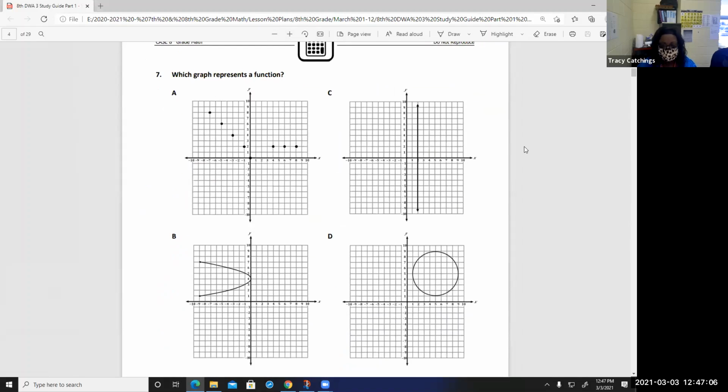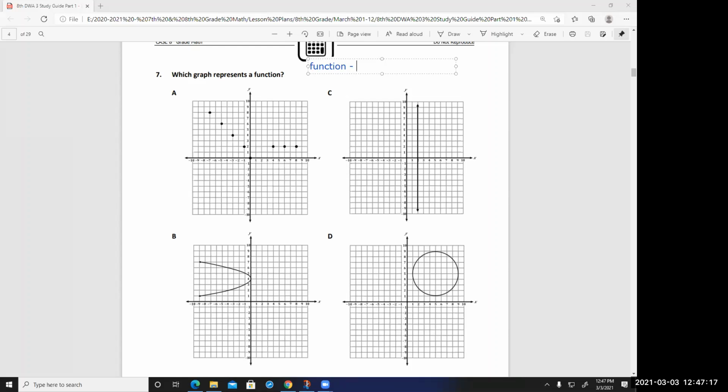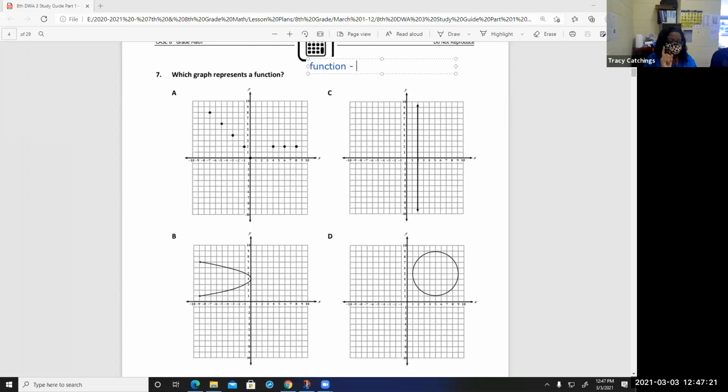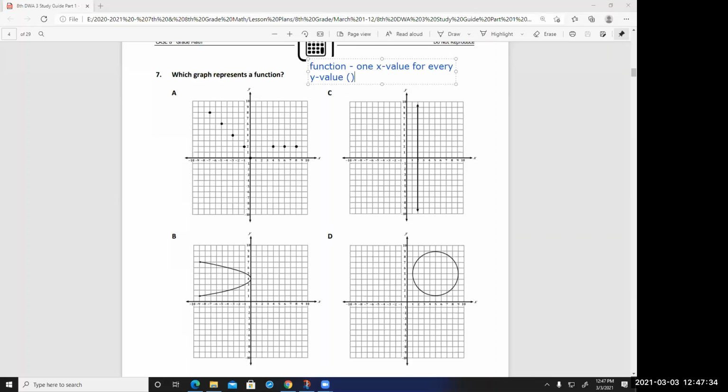All right, number 7. Can someone read it? All right, anybody can tell us something about a function? A straight line. That's a kind of a function, but it don't describe all functions. All right, so a function has one x value for every y value. One x value for every y value. Or in other words, the x cannot repeat.